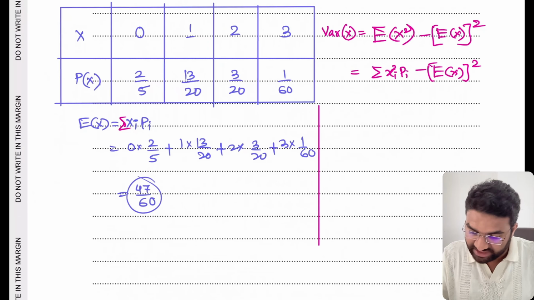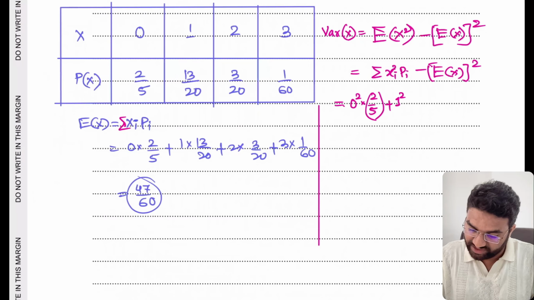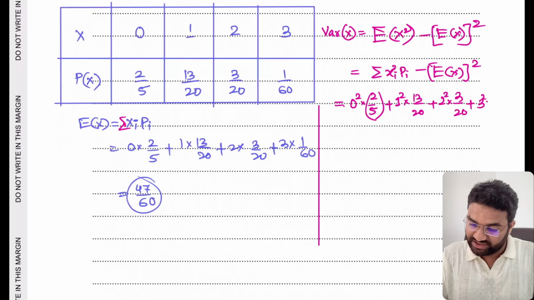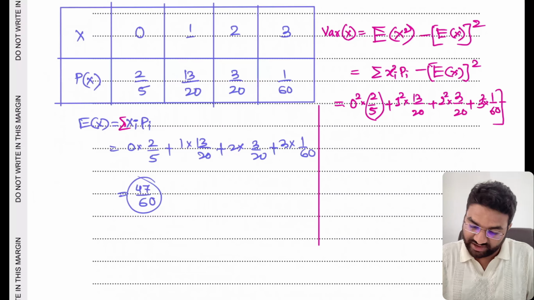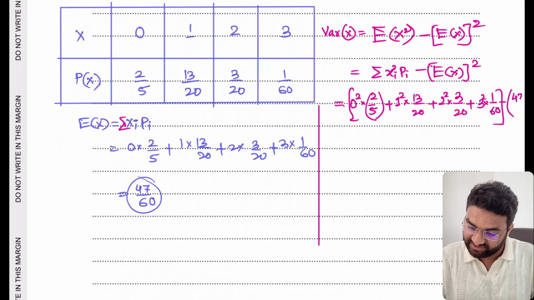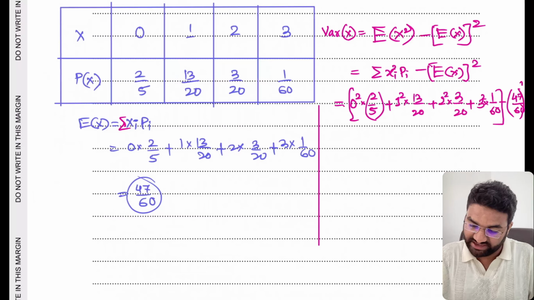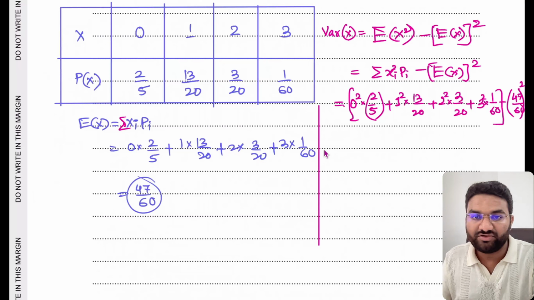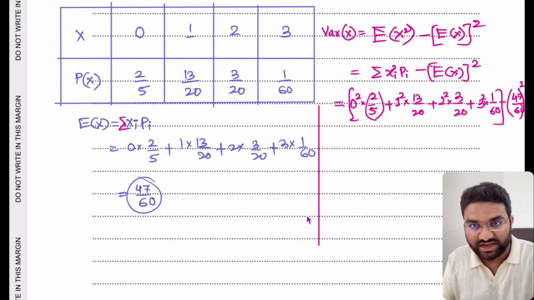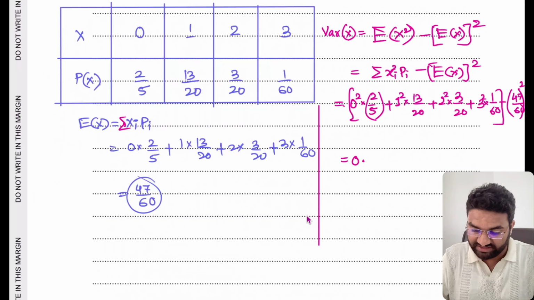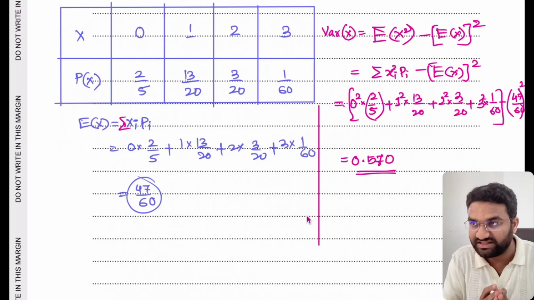So X square means 0 square times 2 by 5, plus 1 square times 13 by 20, plus 2 square times 3 by 20, plus 3 square times 1 by 60, minus 47 by 60 bracket square. If you do this calculation in your calculator, you will straight away get the answer 0.570. That's the final answer.